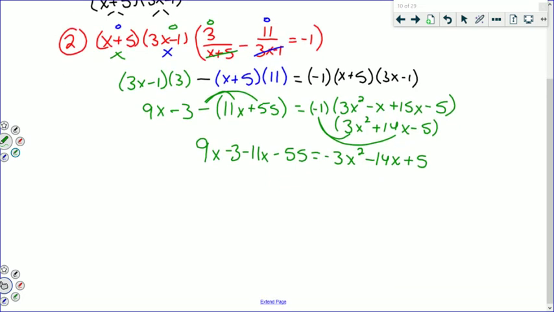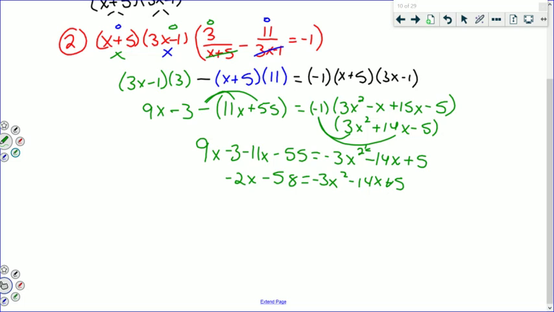All right. So now, since we see this little square term right here, we want to get all of our terms on one side and have a 0 on the other side by itself. So we're going to continue combining like terms first. So 9x minus 11x gives us negative 2x. Negative 3 minus 55 more is negative 58 equals negative 3x squared minus 14x plus 5.